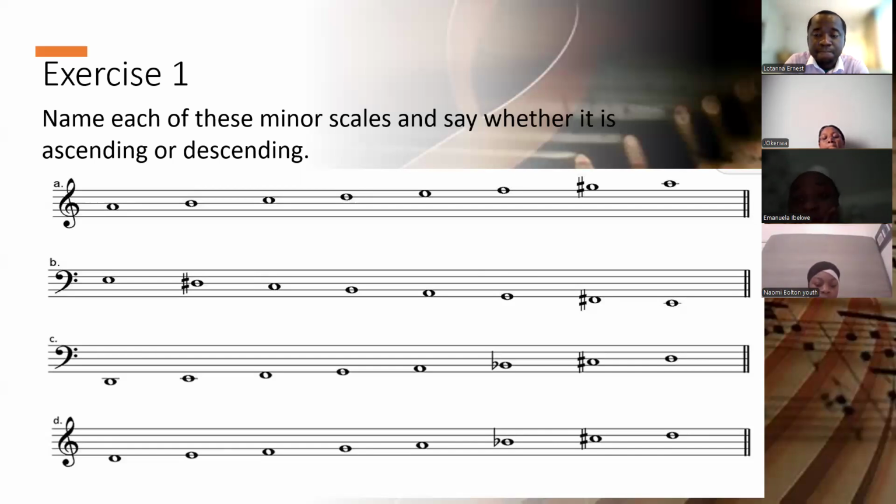No, but this is not descending. Yes, this is the seventh note, but this second note is also sharpened. What I mean, after you have E, you have F sharp. So why is this F sharp sharpened?